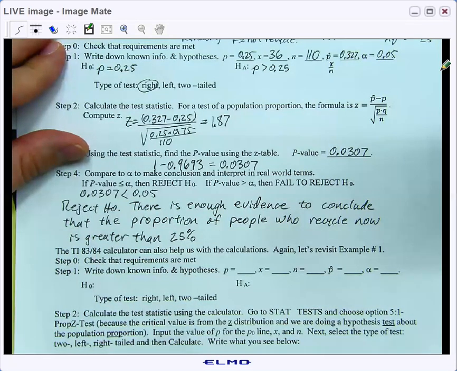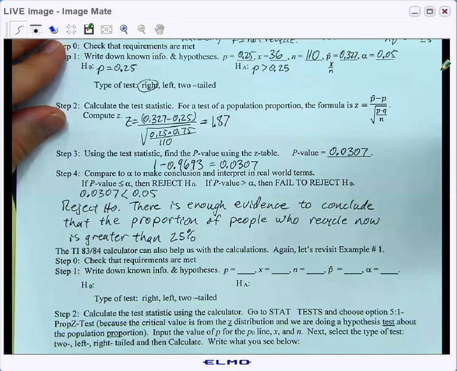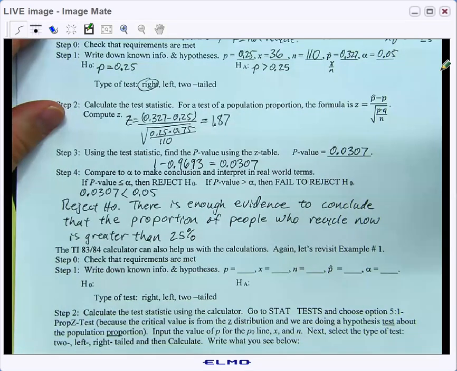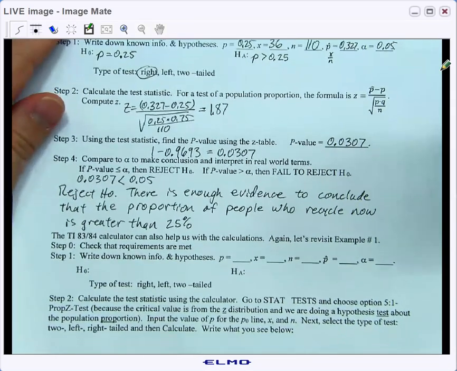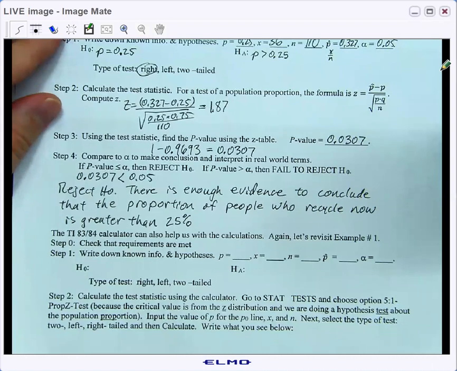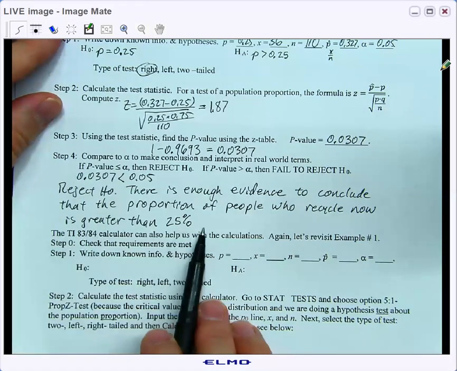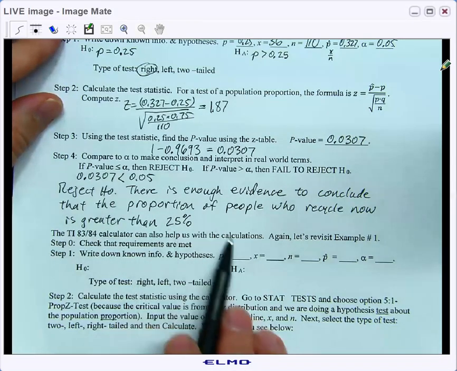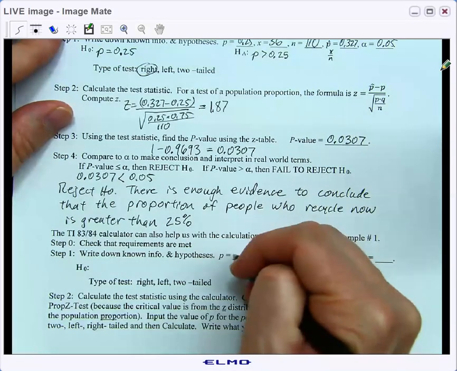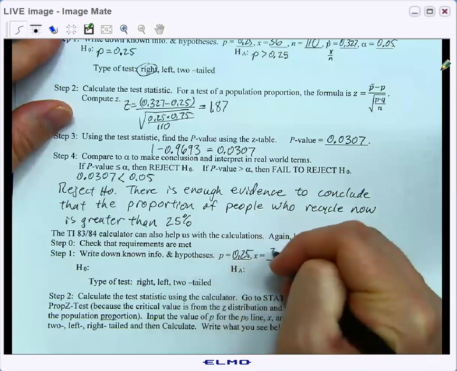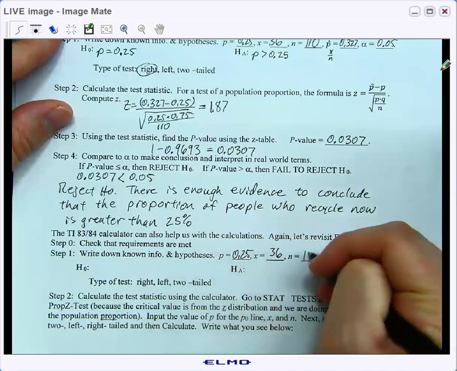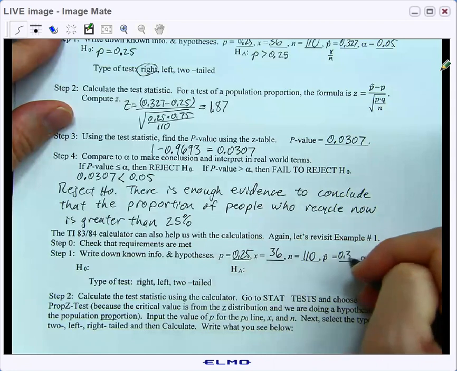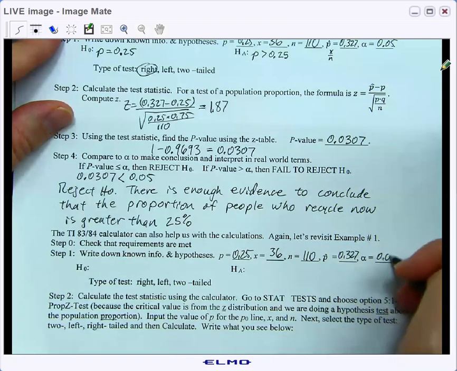Okay. All right. Now, no matter if we're doing the traditional method or the p-value method, we can get some help from our calculator. If we were taking it from the top, and hadn't done all this previous work, we could set it all up. We still have all this from earlier, or well, all this that we could find out again, I should say.